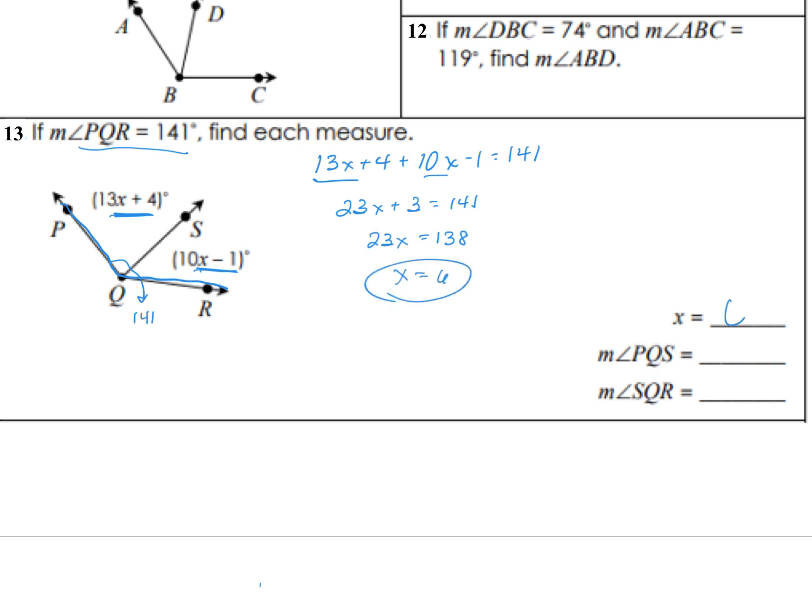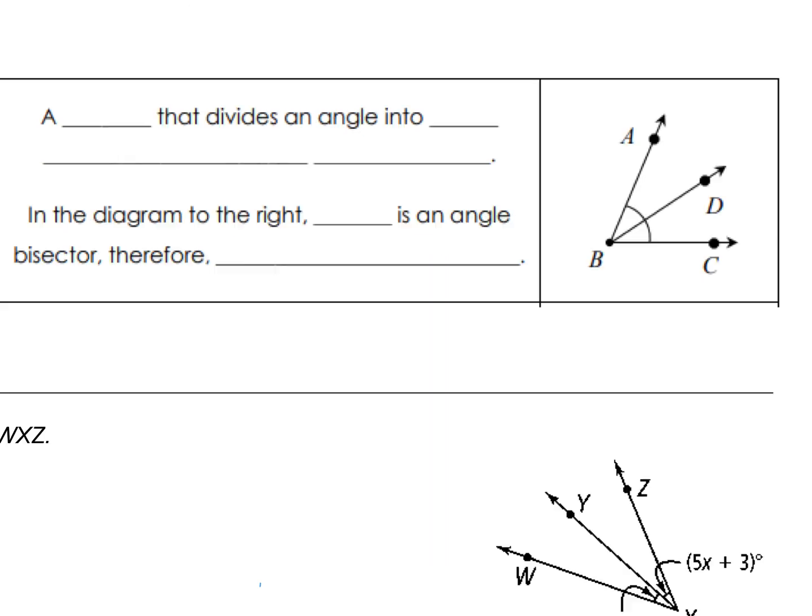So that's our first part. Now it says we have to plug it back in. So when I plug it back in for PQS, so PQS, that's that top angle, we would have 13 times 6 plus 4, which gives me 82. And then I plug it into the bottom, we would have 10 times 6 minus 1, which gives me 59.